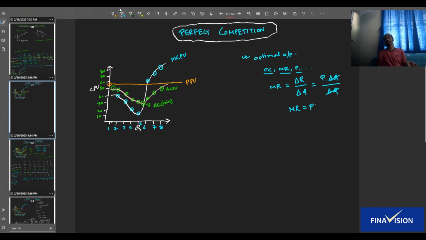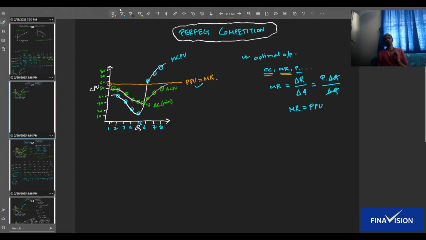So this price per unit curve is also the marginal revenue curve. So the same line represents both. Now we have found out all the three: the cost curves, the marginal revenue curve and the price curve.